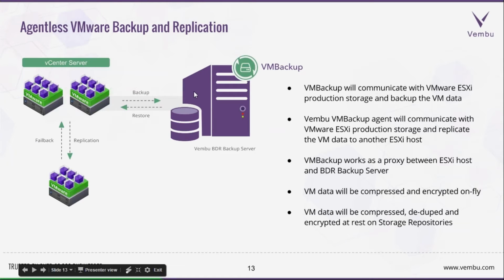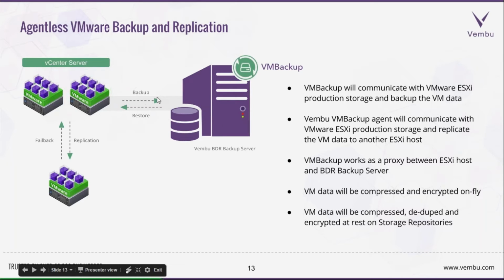So when we speak more about the VMware backup, it's purely agentless. Let's say if you want to back up a virtual environment, we need to add the particular vCenter or the ESXi server credentials on the Vembu BDR backup server. Once it is added, there will be an integration service or a proxy, which is Vembu VMBackup, that communicates with this VMware server, and from there it will read the data, encrypt and compress the data and send it to the Vembu BDR backup server.